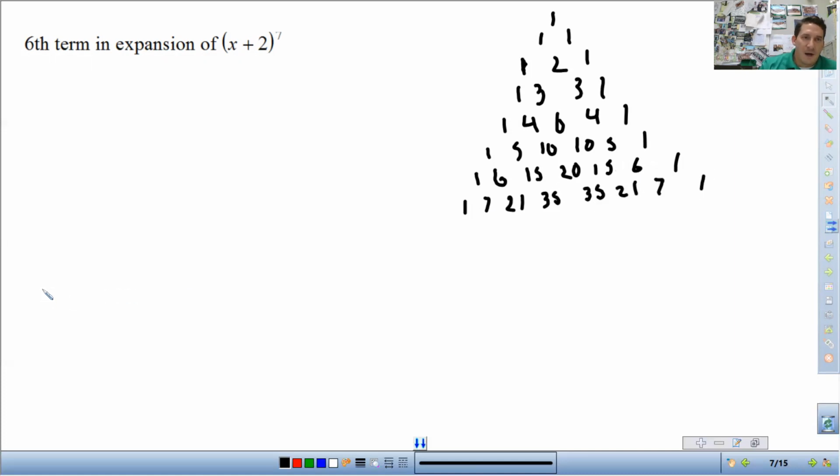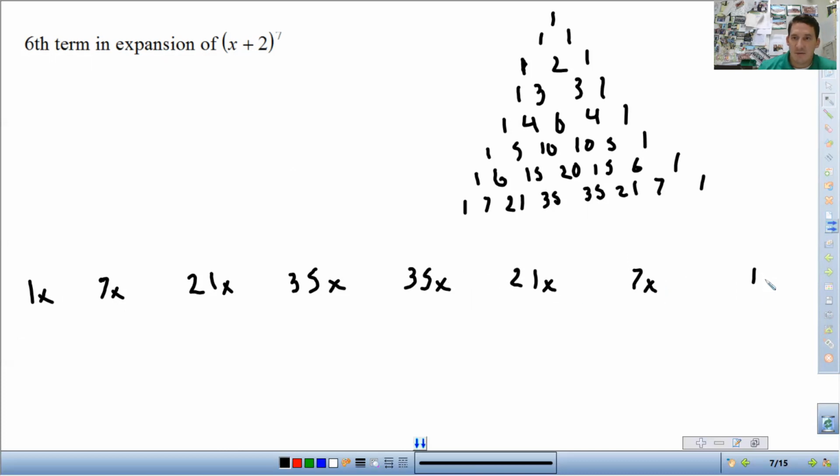And I'm looking for the 6th term. So 1, 7, 21, 35, 35, 21, 7, 1. I'm going to give each term an X, 1, 2, 3, 4, 5, 6, 7, and then each term gets the 2.